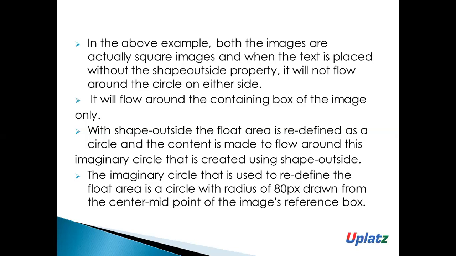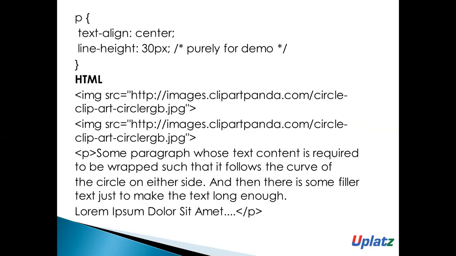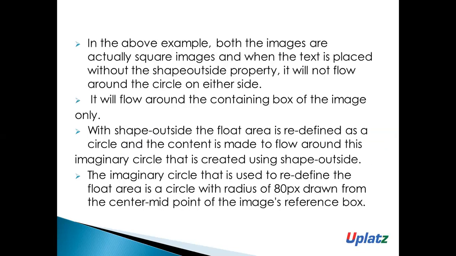When the text is placed without the shape-outside property, it will follow the square. With shape-outside, the float area is defined as a circle, and the content is made to flow around the imaginary circle created using shape-outside. Basically, the imaginary circle used to redefine the float area has a radius of 80 px drawn from the center midpoint of its image reference box. That is what we have given in the HTML.